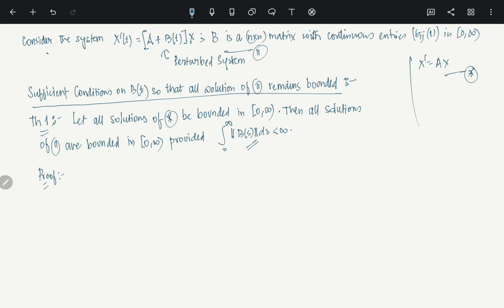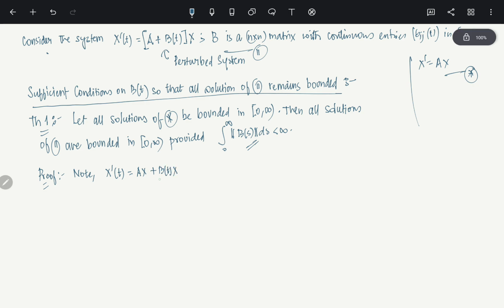What is the proof? Let's say what I will do is this: see this part of the equation. Note x prime of t. If you want to write it properly, it is A plus B(t) times x, right?